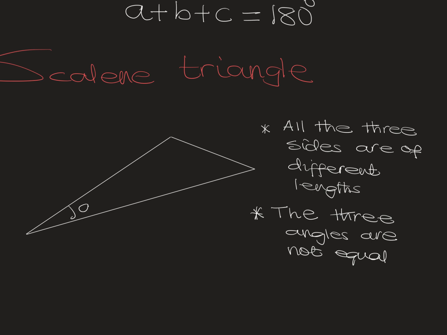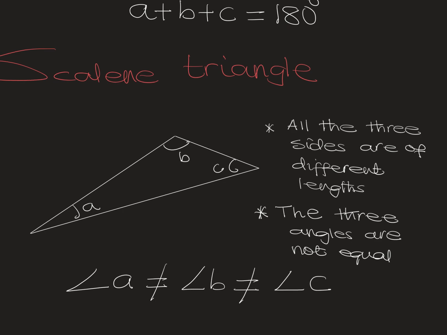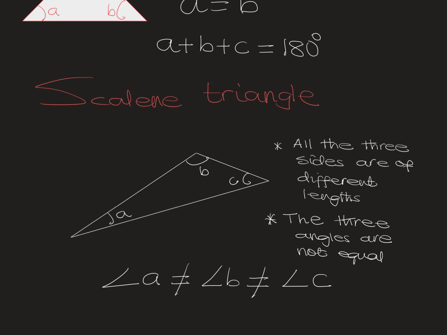So if this is angle A, this is angle B, this is angle C, angle A is not equal to angle B, and angle B is not equal to angle C. Okay? That is a property of a scalene triangle.